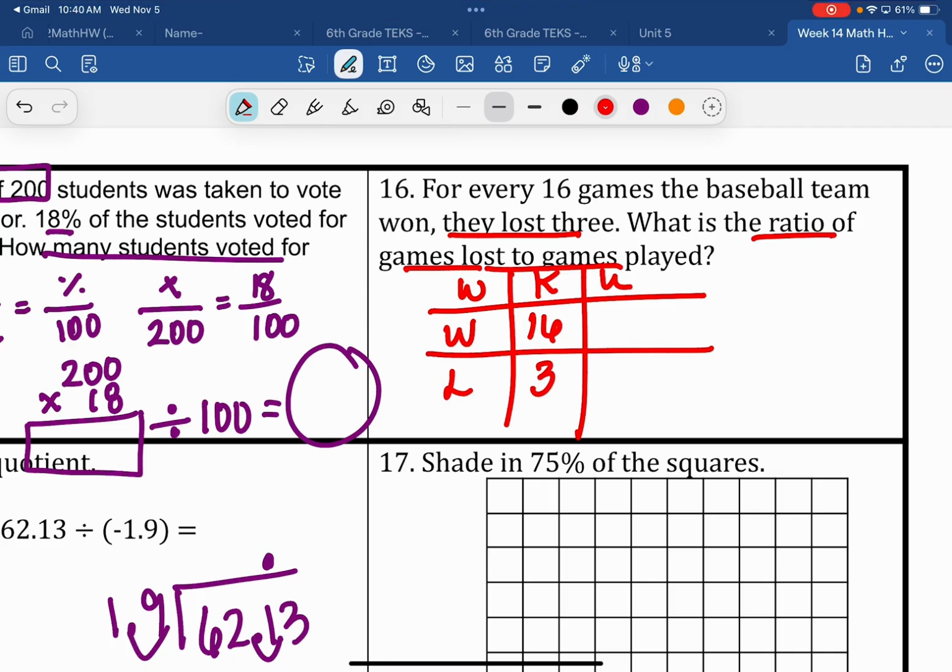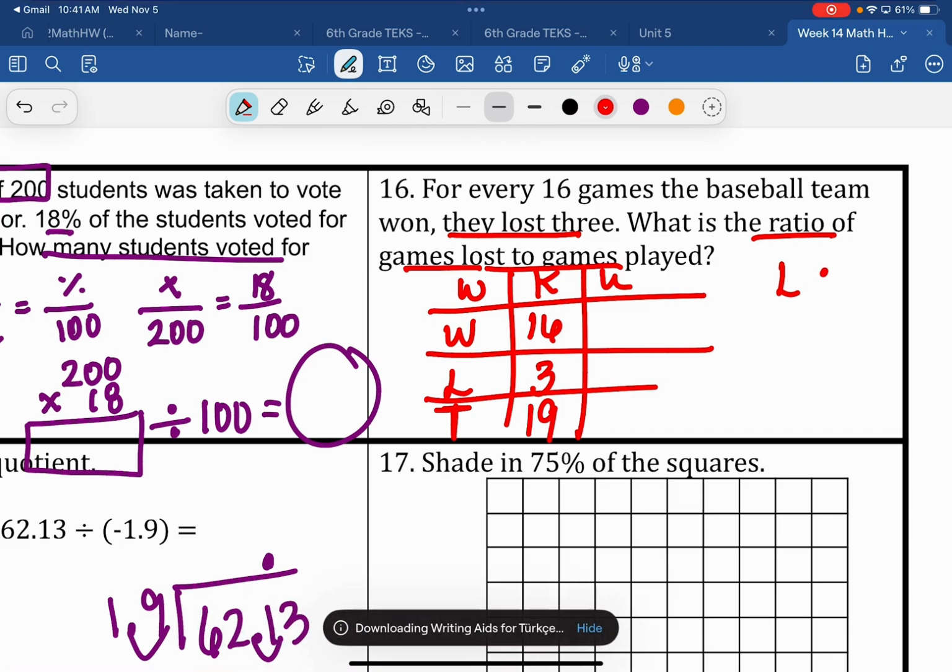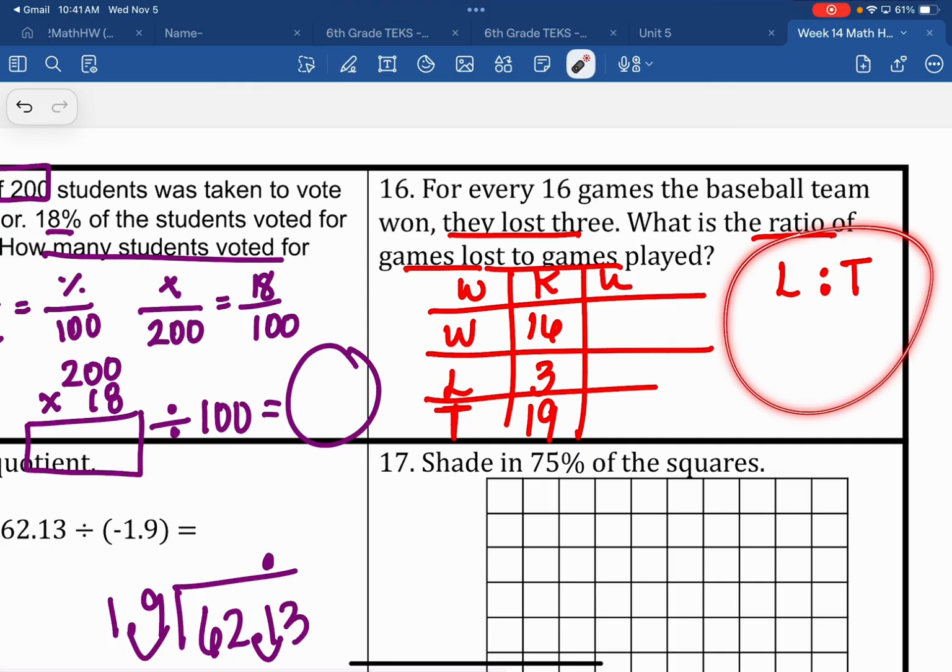What's the ratio of lost to games played? So that means total is needed, right? And 16 plus 3 is 19. So I want lost to total. So you've got to find the numbers for lost to total, and then that will be your final answer, whatever you write right there.